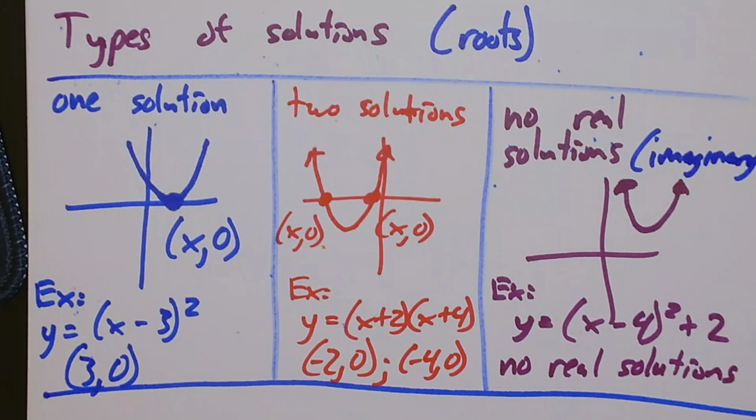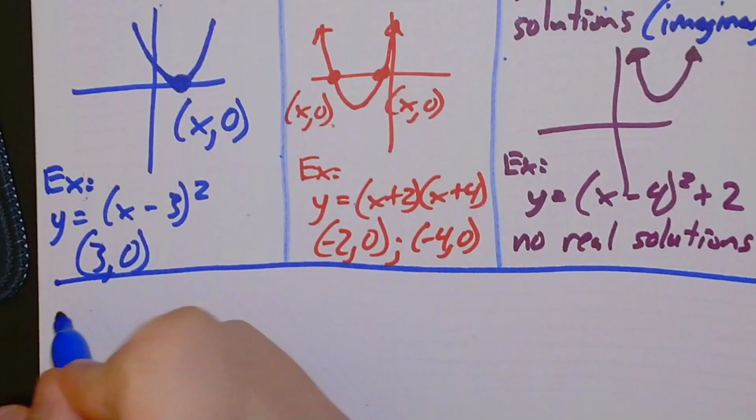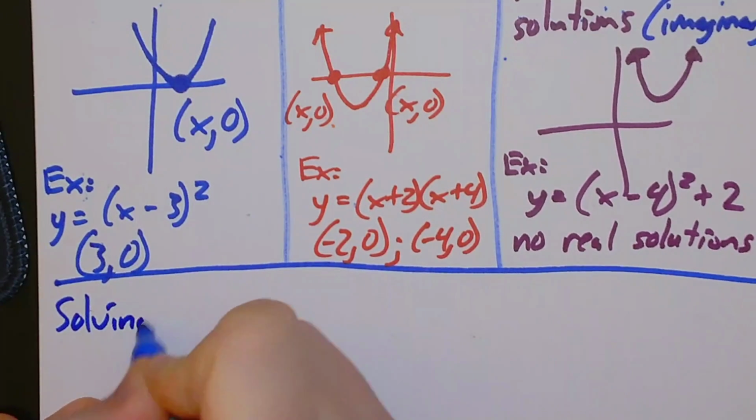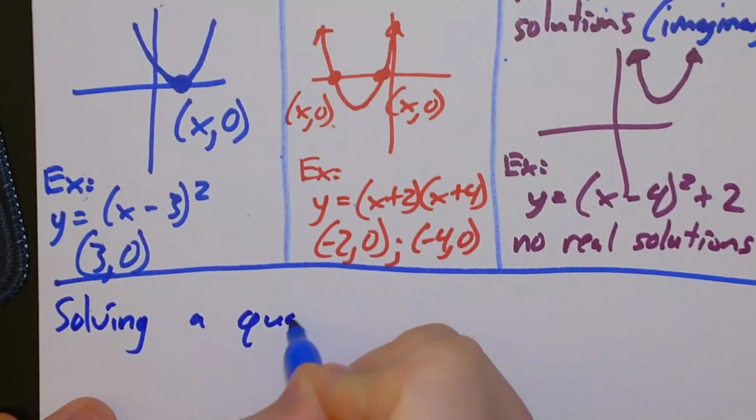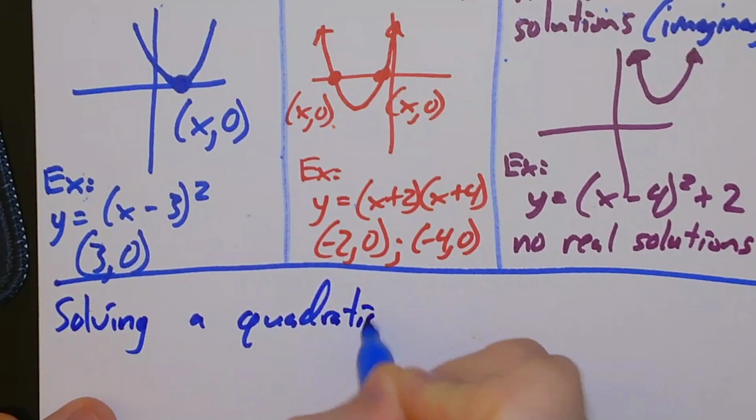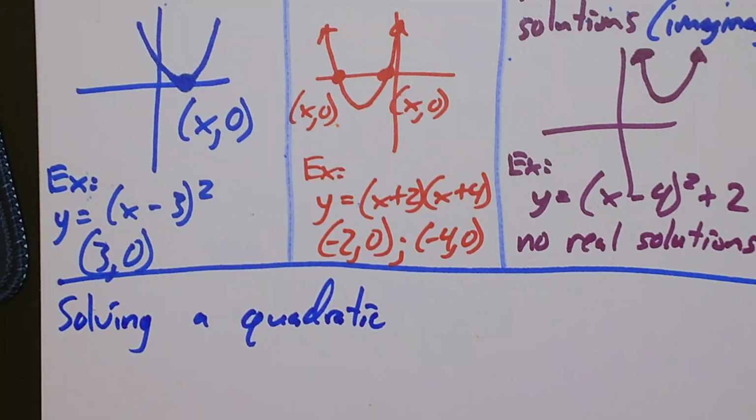Okay? So we want to talk about how to solve. How do we find the solutions? Well, the solutions are just where the roots are. And we call this solving a quadratic, which just means find the solutions.